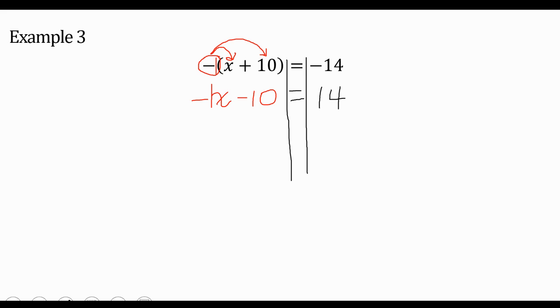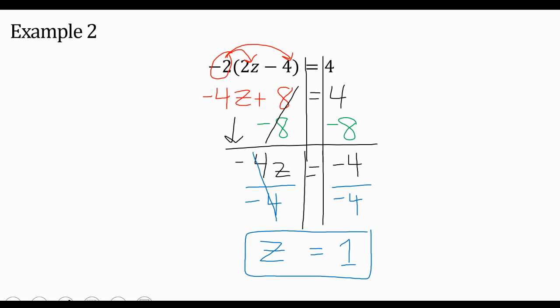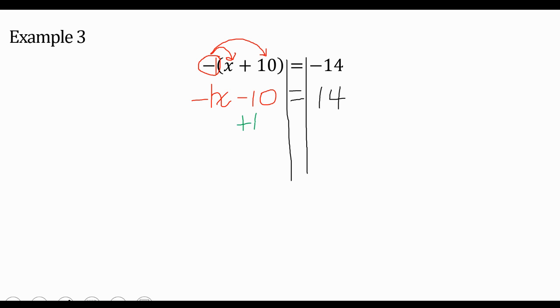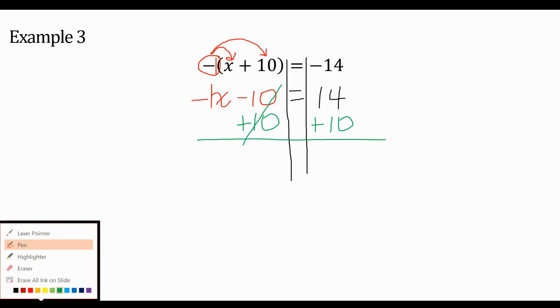Now here we're going to just solve using inverse operations just like we would from before. You're going to add your 10 to both sides. This cancels out. And 14 plus, that's a -14. That's my fault. So let me make sure I include that negative.